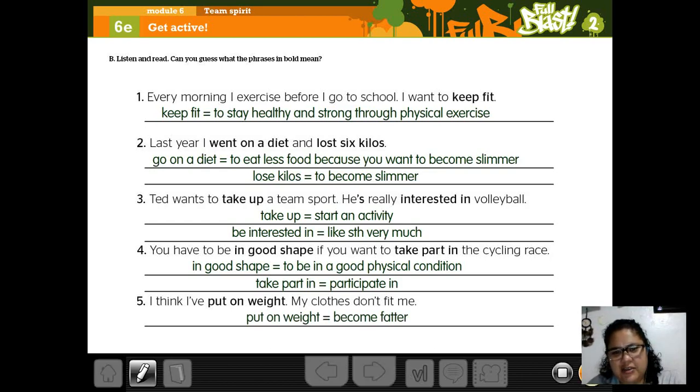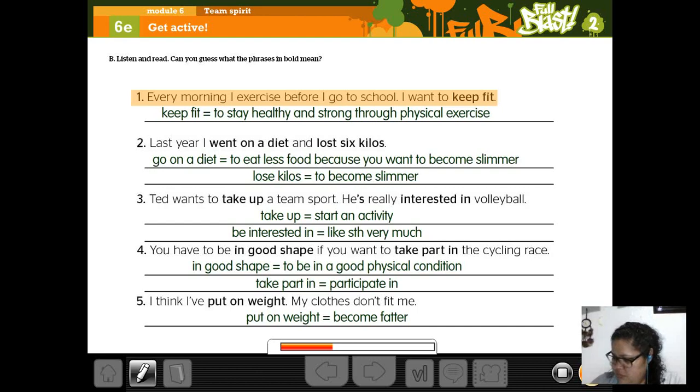So let's see. B. Listen and read. Can you guess what the phrases in bold mean? 1. Every morning I exercise before I go to school. I want to keep fit. 2. Last year, I went on a diet and lost 6 kilos. 3.